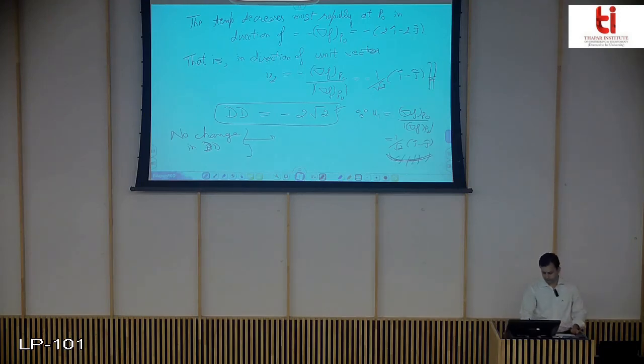So let u3 be equal to 1 upon root 2 times (i plus j), so that u1 dot u3 is equal to (i minus j) dot 1 by root 2 times (i plus j), and this gives you 0. So any direction that is orthogonal to the direction of the unit vector of gradient f will give you the directional derivative equal to 0. And here we have found one of the directions, that is this one.